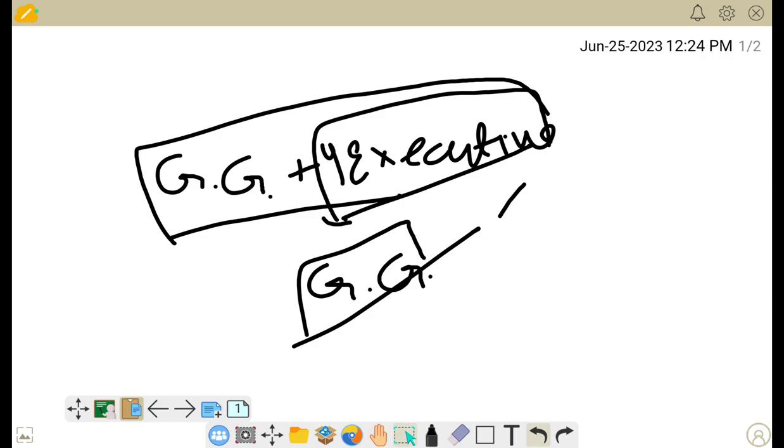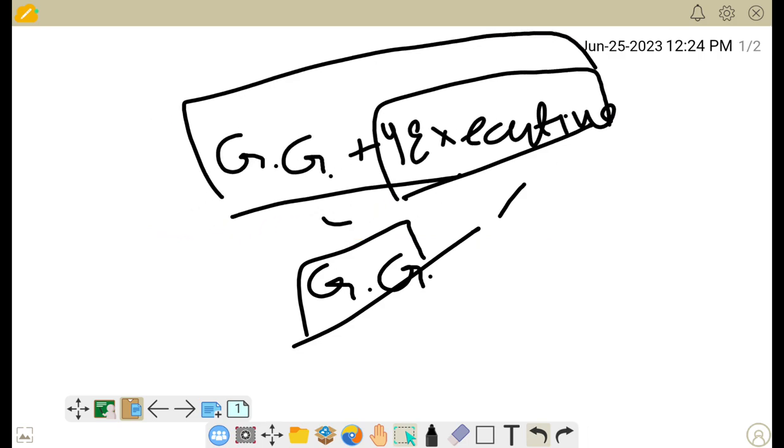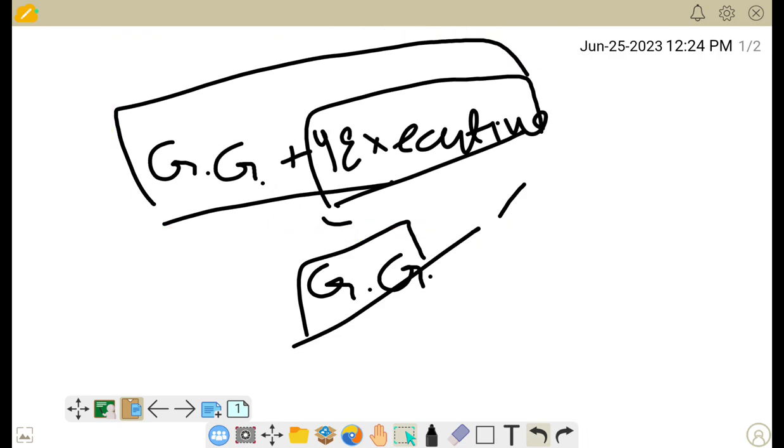Okay, so in the first case the Governor General can take decisions by himself. In the second case, the Governor General plus the council needs to be together in order to take the decision. So in the second case, where the Governor General and the council are together, the Governor General is referred to as Governor General in Council. That is, Governor General with his council or in his council.